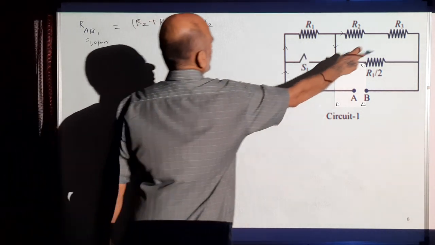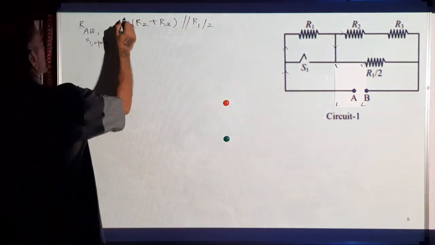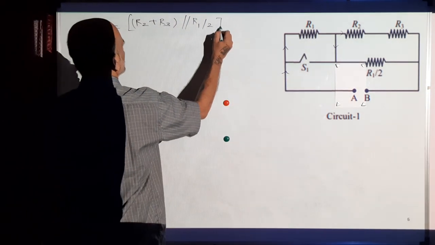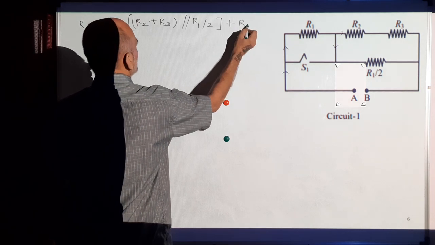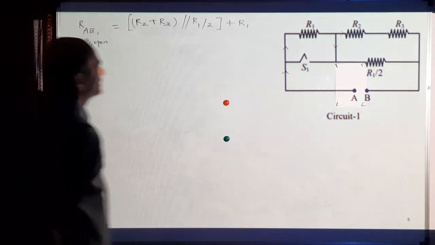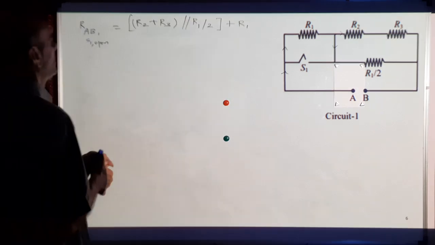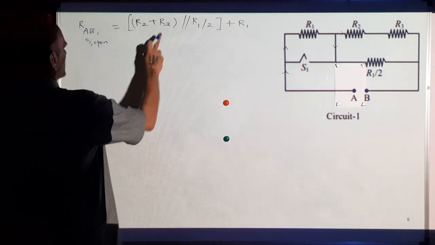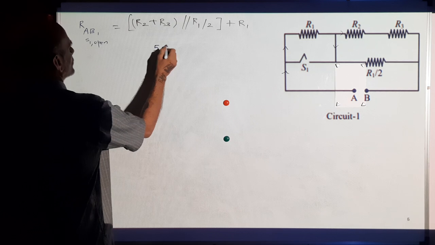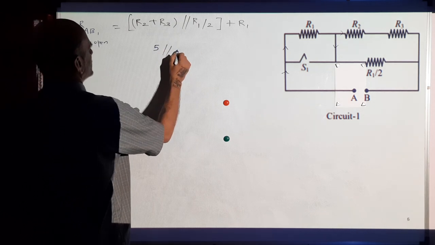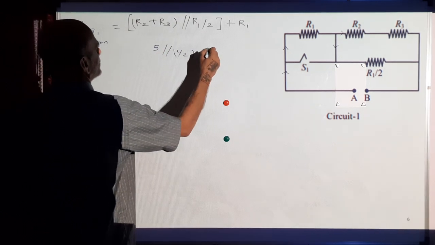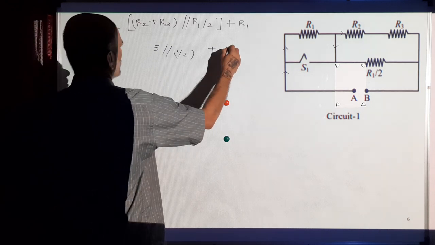And this full combination is in series with R1. So if we add R1, that is the resistance between the points A and B when S1 is open. R2 is 2, R3 is 3, so it is 5 in parallel with R1 by 2, which is half, plus R1 which is 1 ohm.